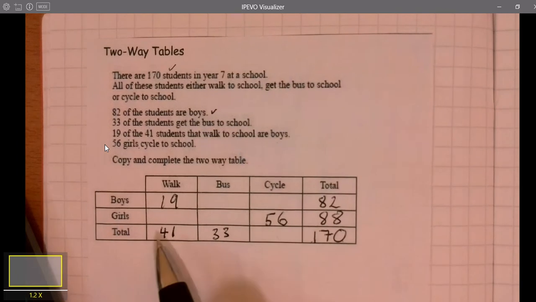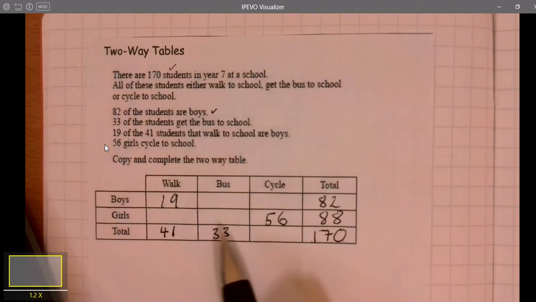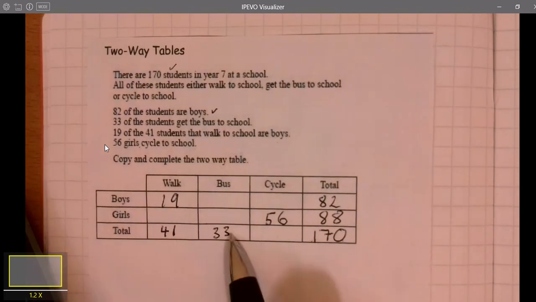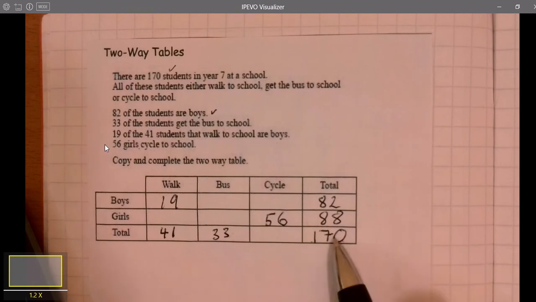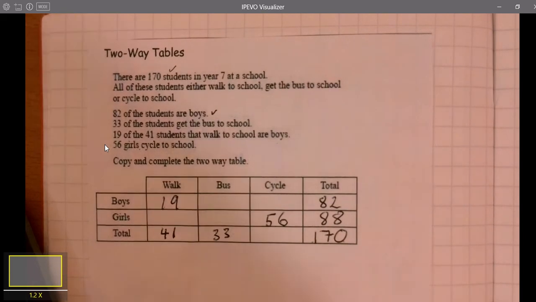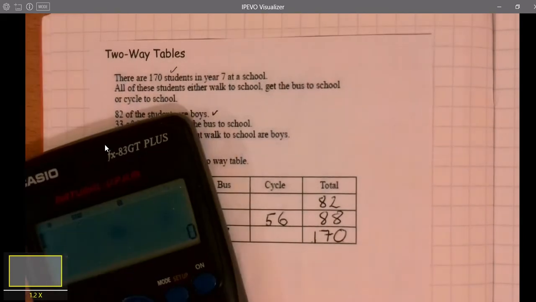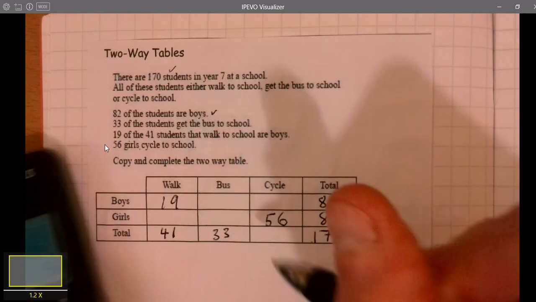This number here, 74, add something is 170. An easy way of doing that is just to do 170 take away 74, which is 96.